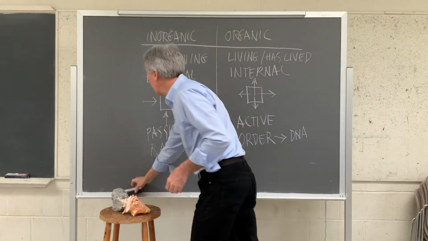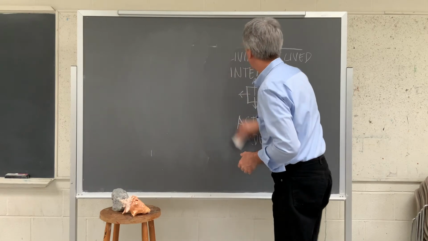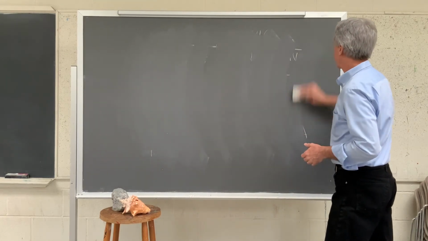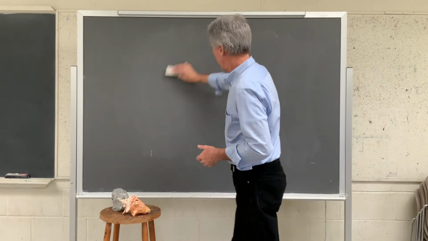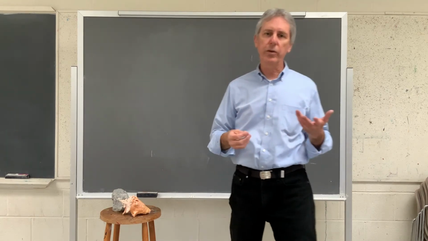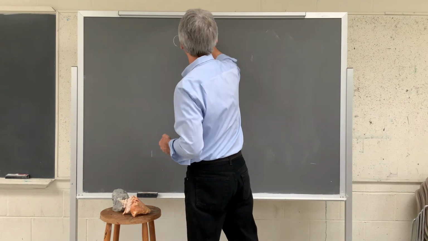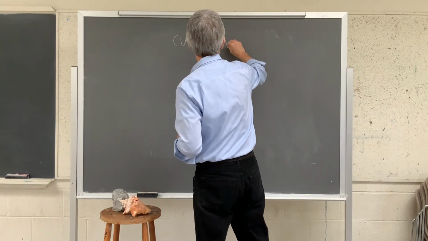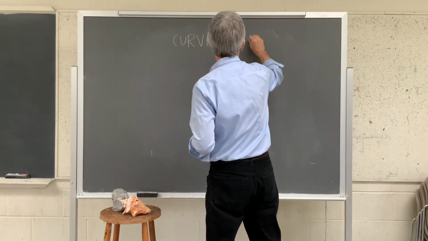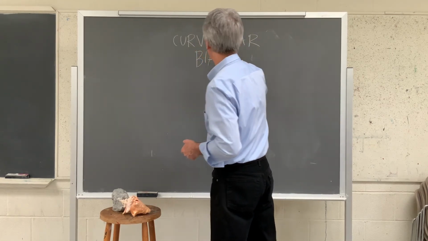Okay, there's a practical concern that always comes up at this point, because we're drawing more complex things, and so what I've discovered over the years of teaching is that virtually everyone has a bias. We'll call it a curvilinear bias.